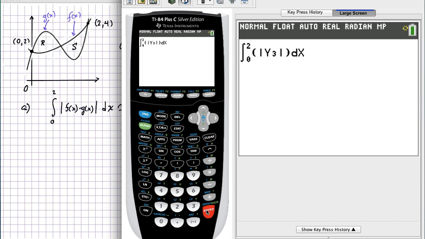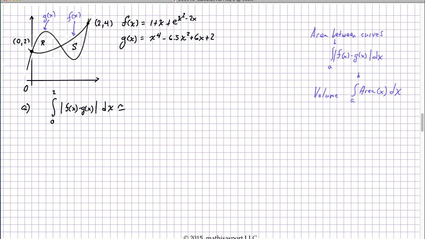It's going to take just a moment to do that calculation, but the result we get, 2.0043, is the combined area of R and S.